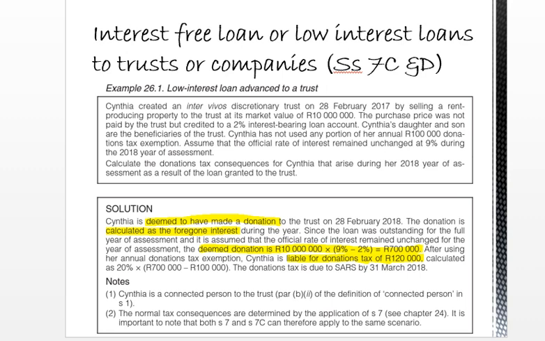Just take note that Cynthia is a connected person to the trust, so that's one of the requirements. And then the normal tax consequences are determined by the application of Section 7, which is in Chapter 24 on trusts, which we'll do in the next lesson.